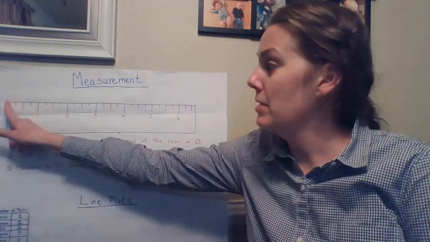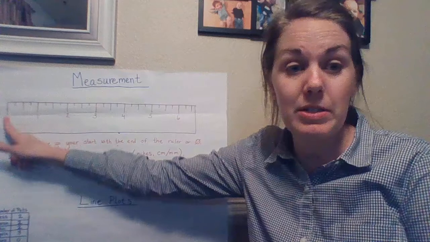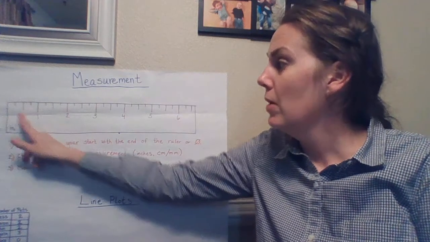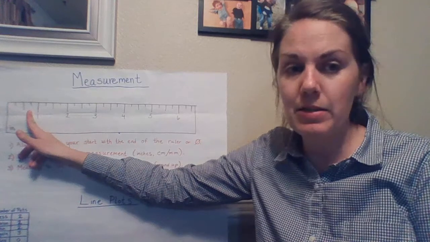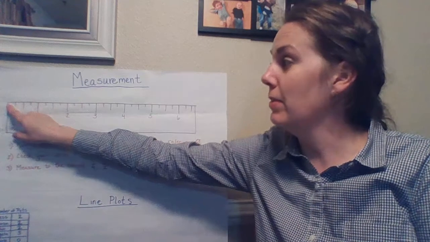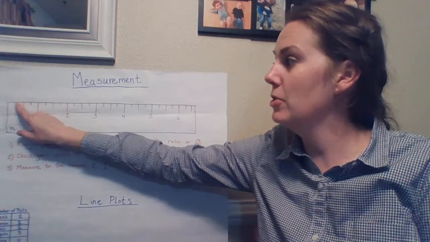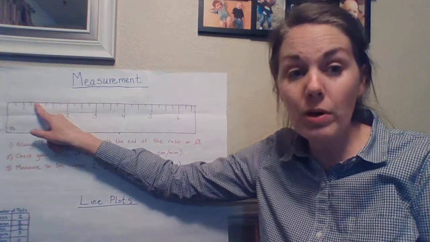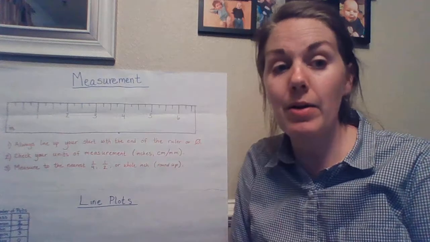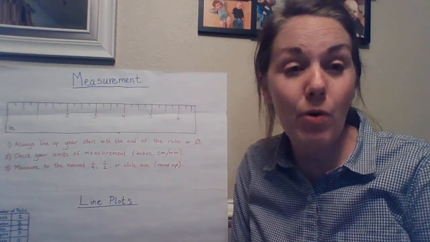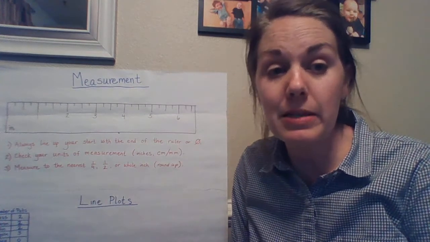So the distance from the end of my ruler, or 0, to 1, we'll notice has 1, 2, 3 lines, but if we look at the space in between, we have 1, 2, 3, 4 spaces in between. So really, my inch is broken up into fourths, or 4 equal pieces.